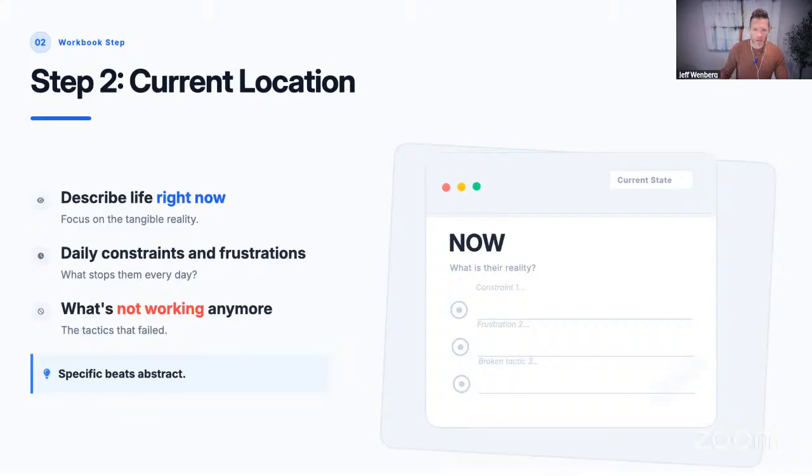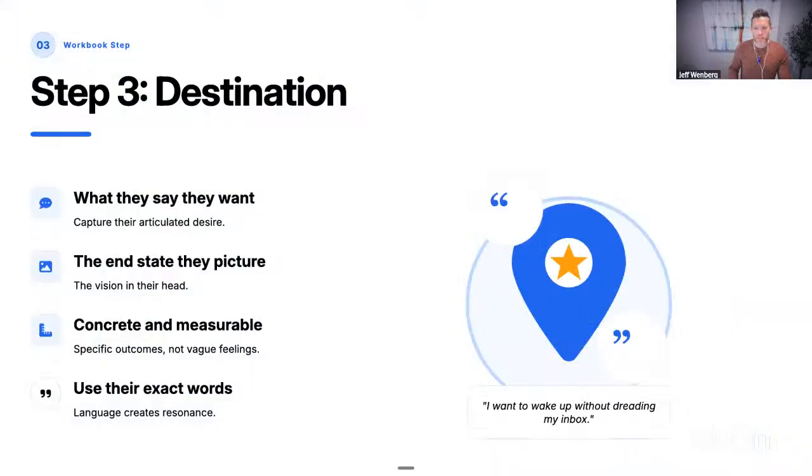Okay, next, as we were talking about the GPS analogy earlier, we need to know where are they trying to get to? Like, what did they say they want? Now, this is really an important one because we need to know where they're trying to get to. And this is always one that when I'm working through this process with clients, when I ask them what do they want, it's usually filtered through them.